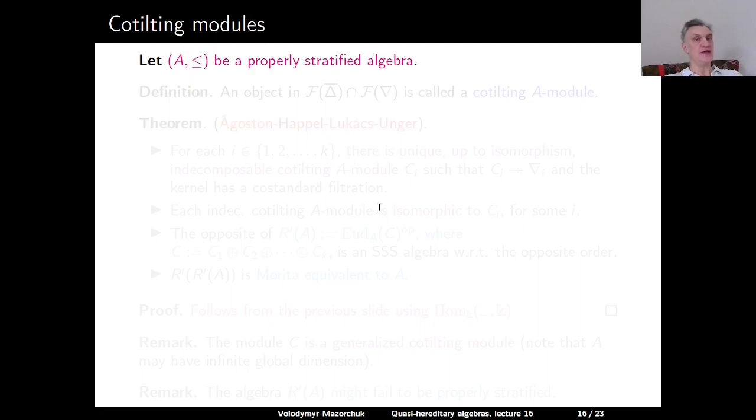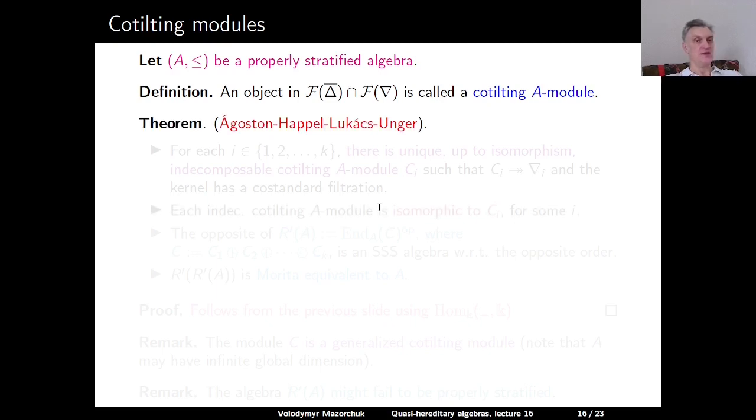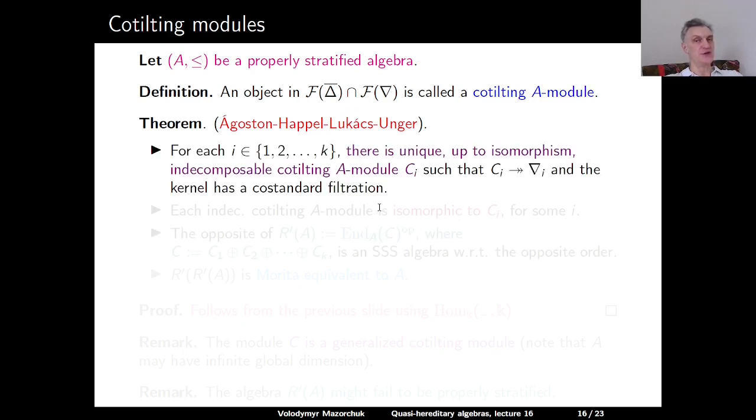So assume that A is properly stratified. Then a cotilting A module is an object in F delta overlined intersecting with F nabla. And we have the following theorem, due to the same authors, that for each i between 1 and k, there is a unique up to isomorphism indecomposable cotilting A module Ci, such that Ci surjects onto nabla i, and the kernel has a costandard filtration.